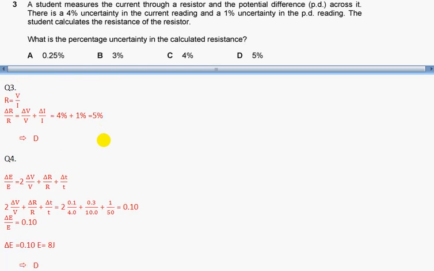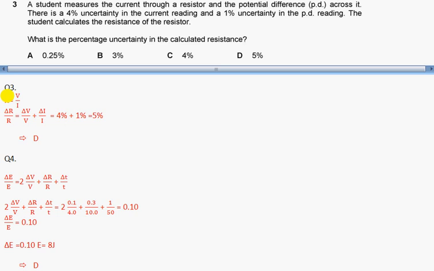Question 3. A student measures the current through a resistor and the potential difference across it. There is a 4% uncertainty in the current reading and 1% uncertainty in the potential difference reading. The student calculates the resistance of the resistor. What is the percentage uncertainty in the calculated resistance?